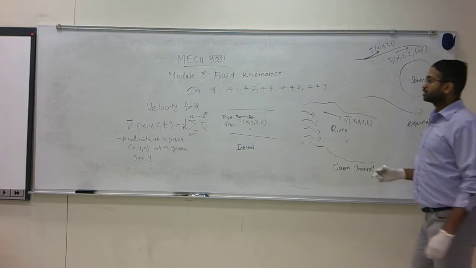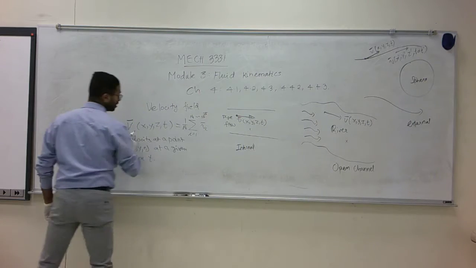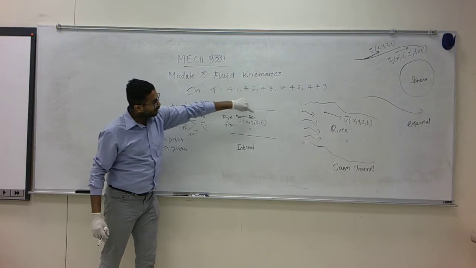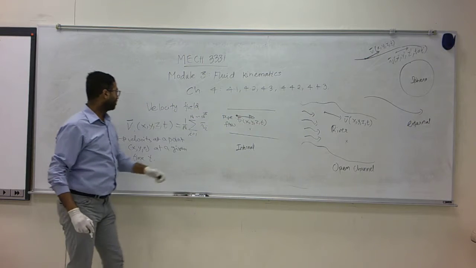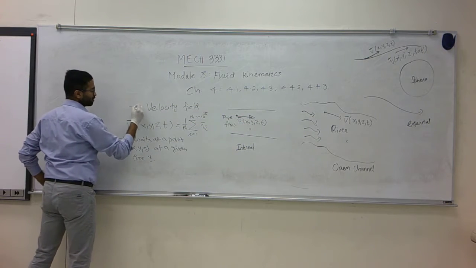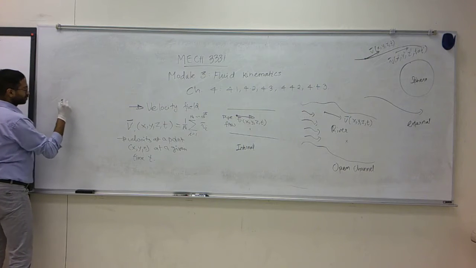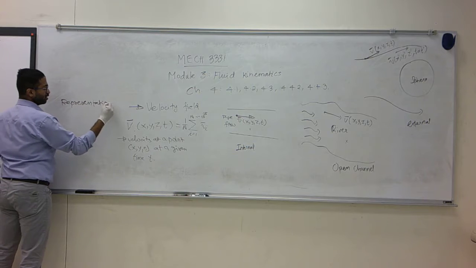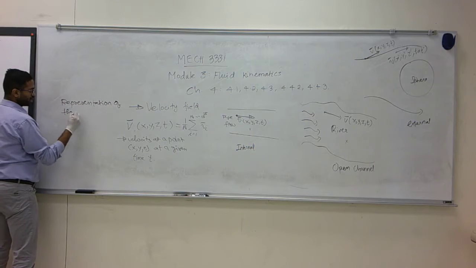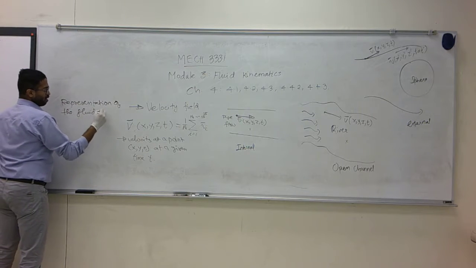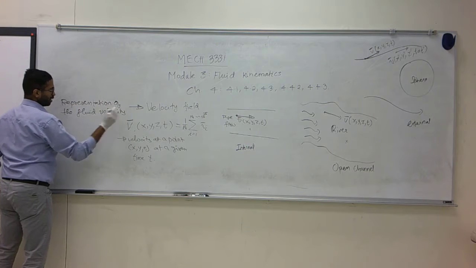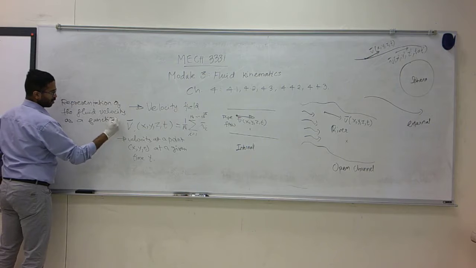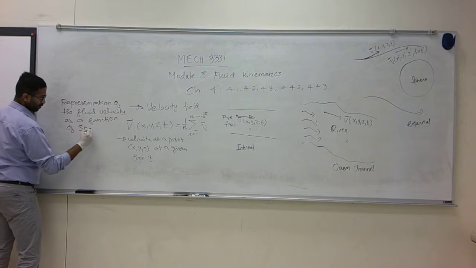This representation of the velocity of the fluid at all these points as a function of time is what we call the velocity field. It is a representation of the fluid velocity as a function of space.